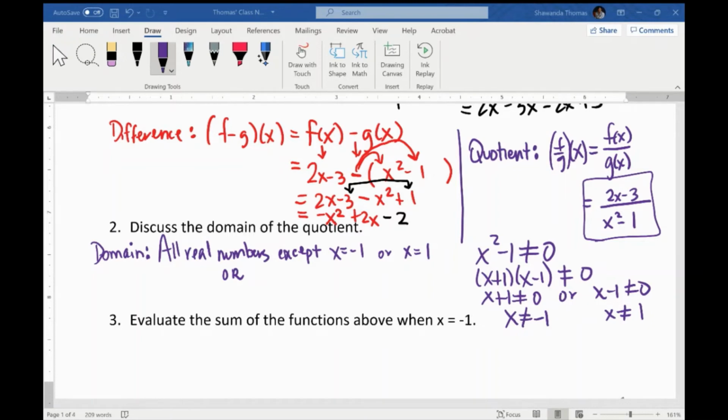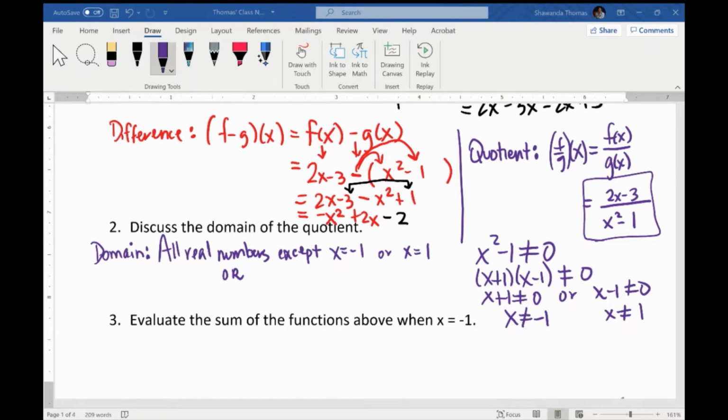Well, here's a clue. The only two numbers we don't want are -1 and 1. So I have to represent all other numbers in this interval notation. From what to what? Where do we start? We start from the lowest number possible.